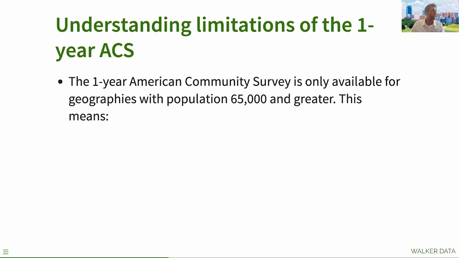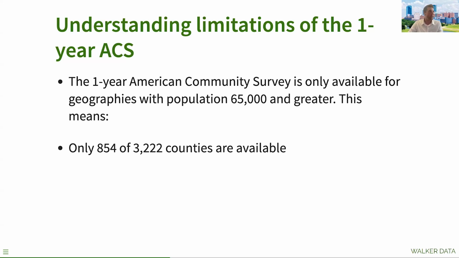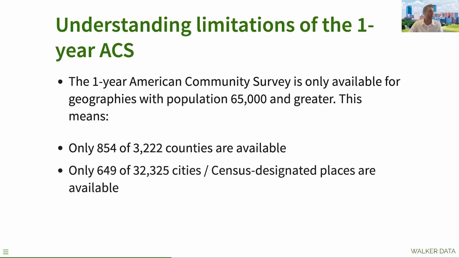The 2023 1-year ACS data typically comes out in September of the following year. So really you're getting about a year lag, but that's at least reasonably close. But you only get that for geographies of 65,000 and greater. Only 854 of 3,222 counties are available.